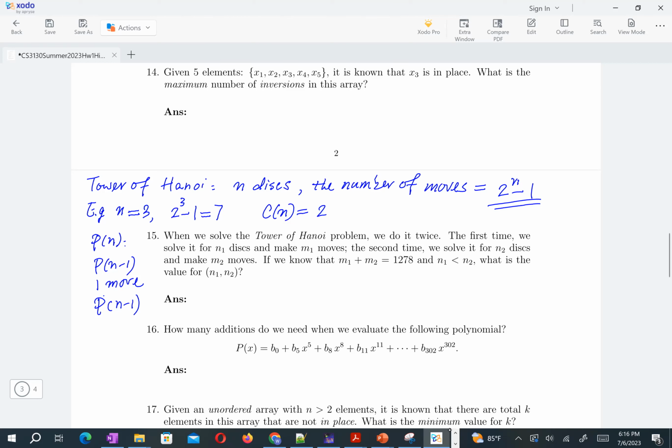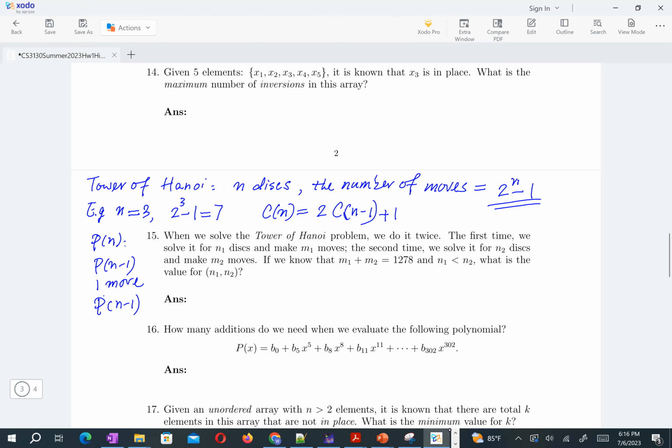That means 2 times C of n minus 1, plus a constant number 1.